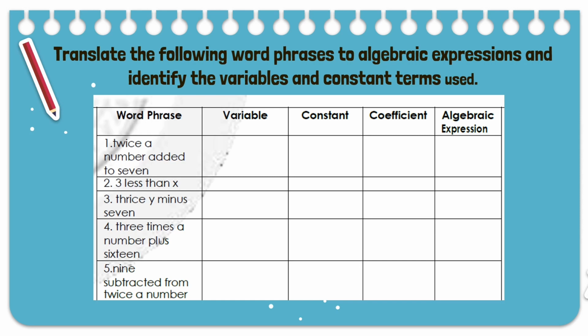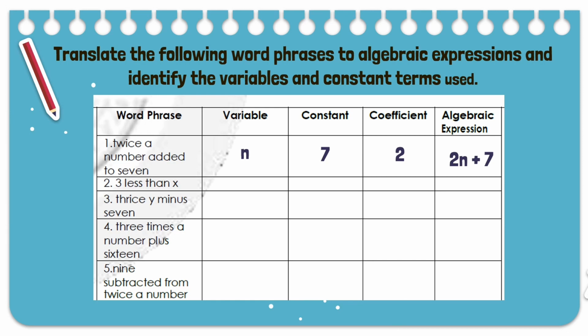Okay, so the first number, twice a number added to 7. So, twice a number. So, doble ng number, in-add sa 7. So, let's represent the number as n. So, ang variable na ginamit natin dito is n. Then, the constant is 7 and the coefficient of n is 2.